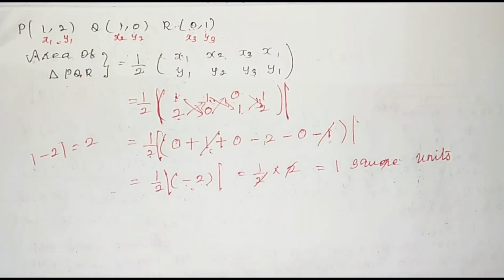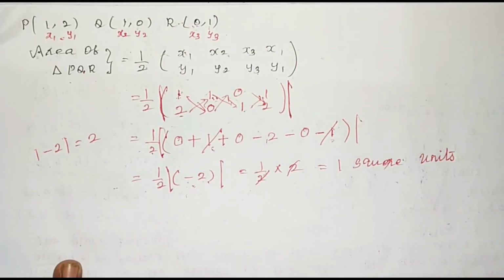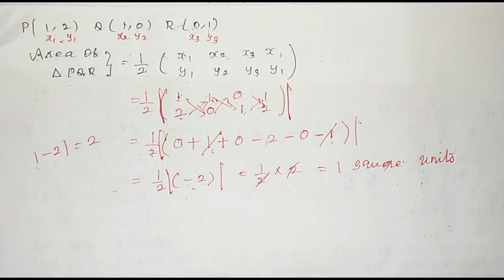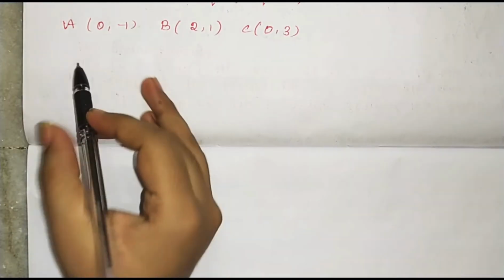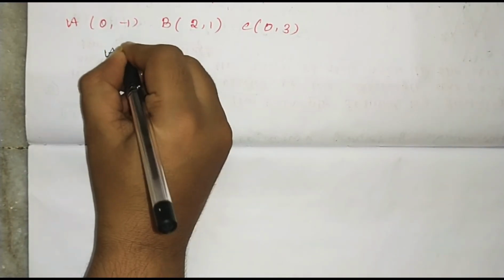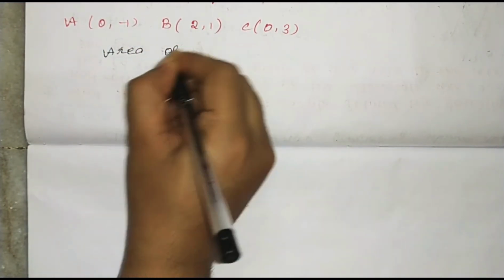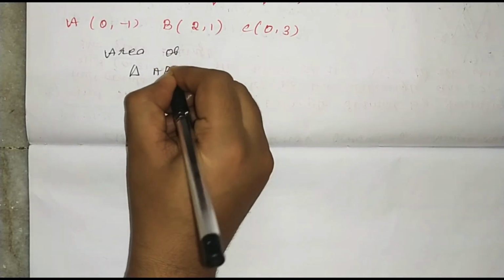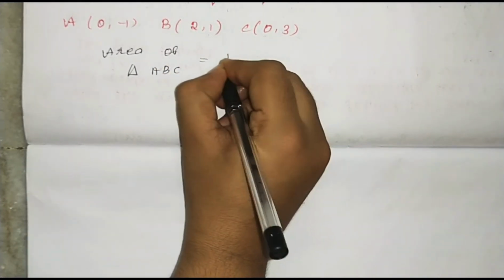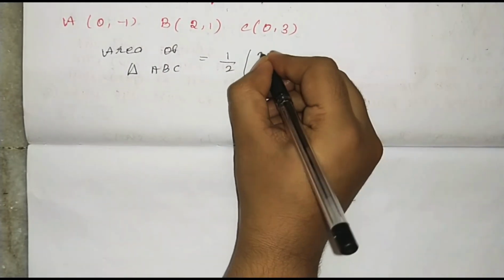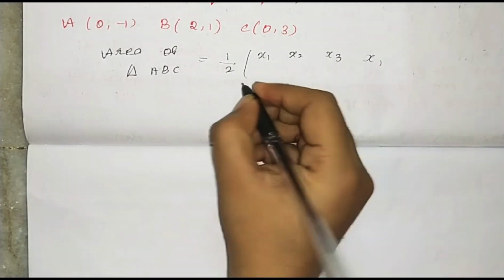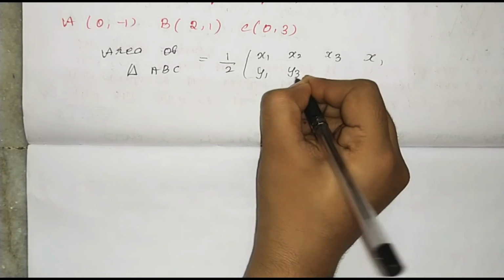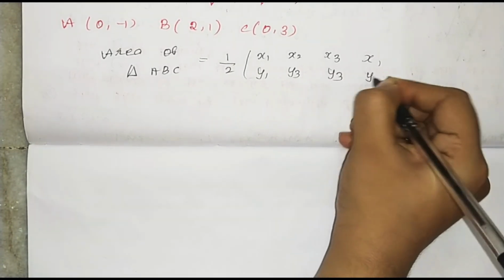Similarly next step we have to find out area of triangle ABC. Now next we are finding out area of triangle ABC. I am writing the formula 1 by 2, x1, x2, x3, again x1, y1, y2, y3, again y1.